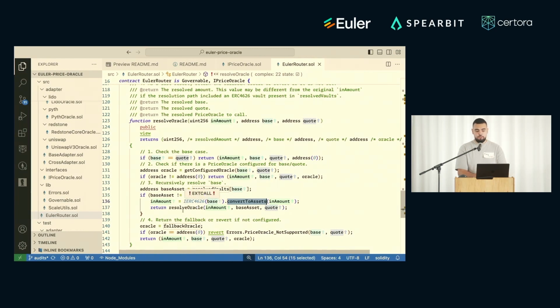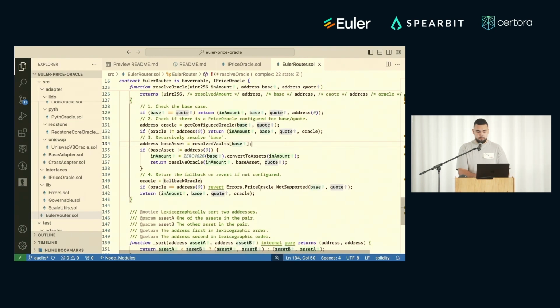And through this abstraction, this router actually supports any level of nesting of vaults. So you could have wrapped USDC, and you could resolve that to the base asset, basically USDC, and continue from there.